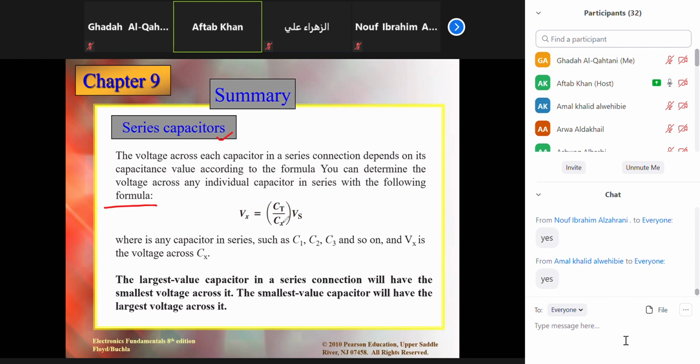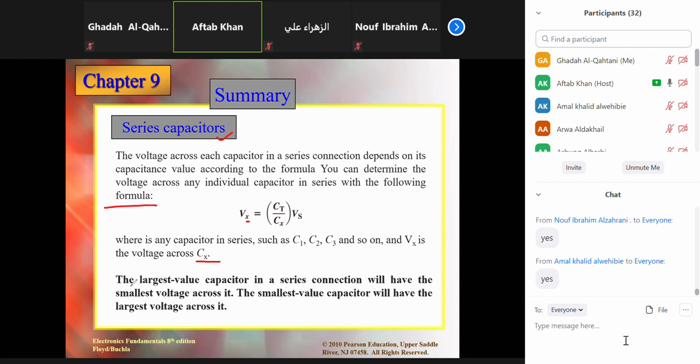When we go for the specific, it is going to be similar to the one we have for resistance. We'll see that one. So Vx is equal to Ct, total capacitance, over Cx times Vs, where Cx is any capacitor in series such as C1, C2, C3 and so on, and Vx is the voltage across capacitor Cx.